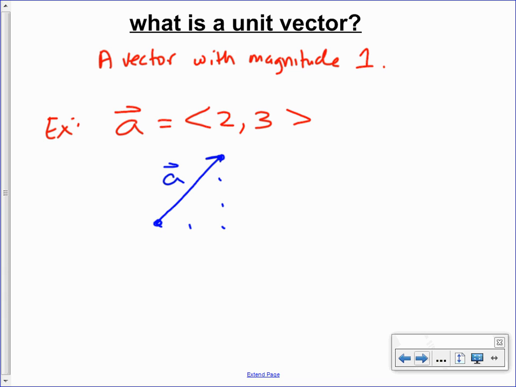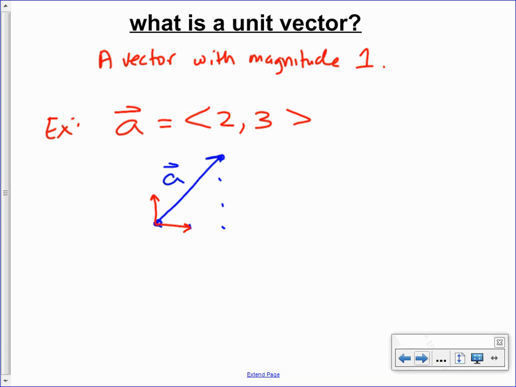To find the unit vector, there is a vector in each direction, both horizontally and vertically, that is 1 unit long. The vector from here to here is a unit vector, and the vector from here to here is a unit vector.